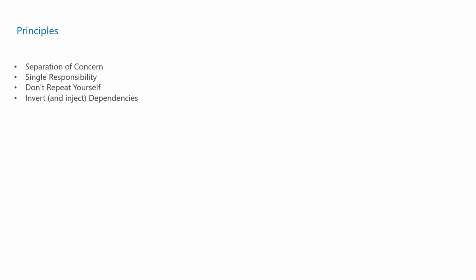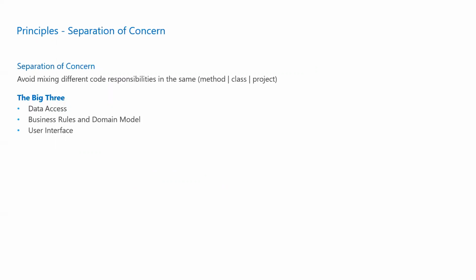We talk about the separation of concerns, single responsibility, don't repeat yourself, and dependency inversion principles. I will not explain these principles in more detail. As I mentioned, these are lengthy topics, so we would have to give examples to understand the SOLID principles. I'll just go through them at a very high level.